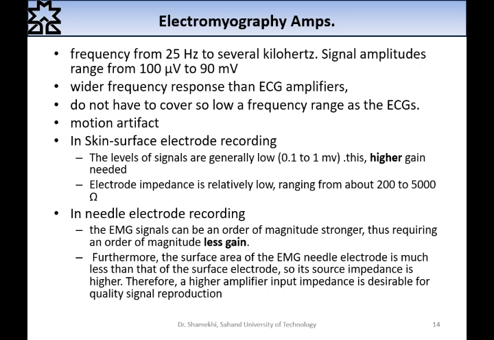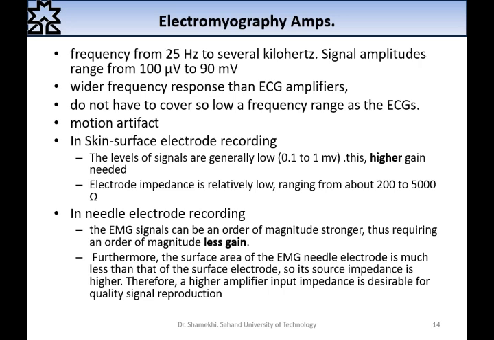We need a frequency band from 25 Hz to several kilohertz, and also a signal amplitude range from 100 microvolt to 90 millivolt. We have a wider frequency response than the ECG amplifier, and these amplifiers do not have to cover so low a frequency range as the ECGs.